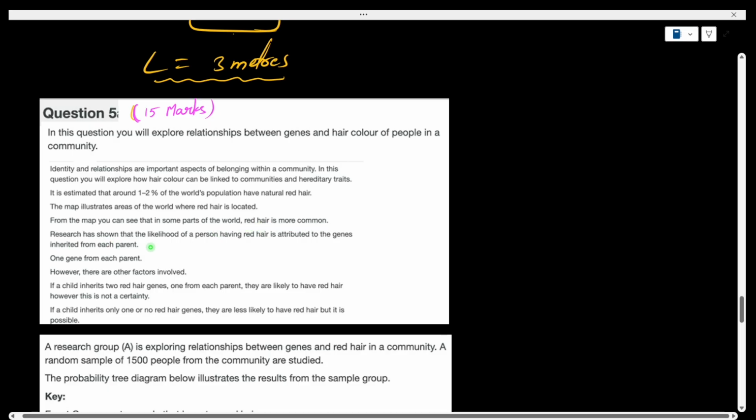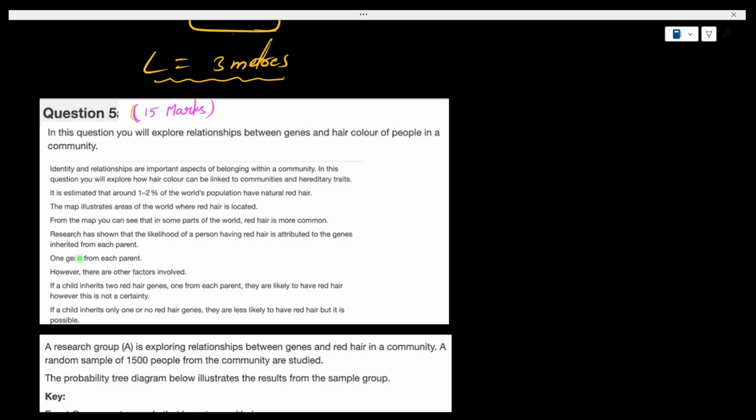Research has shown that the likelihood of a person having red hair is attributed to the genes inherited from each parent, one gene from each parent. However, there are other factors also involved. If a child inherits two red hair genes, one from each parent, they are likely to have red hair. However, this is not a certainty.